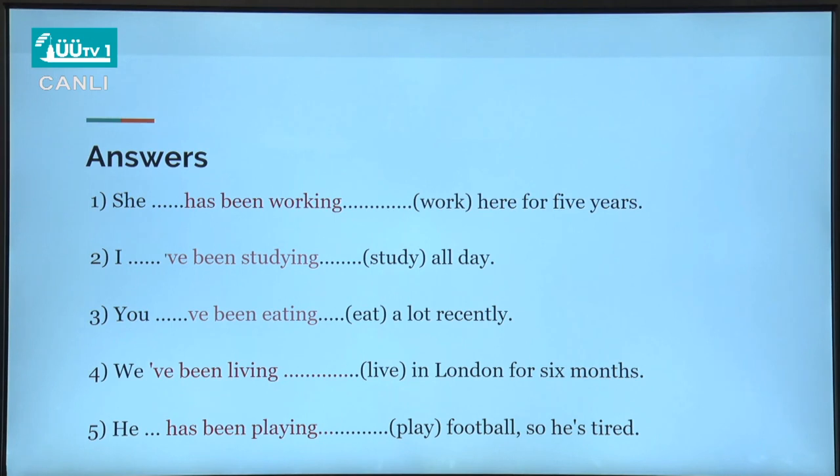For the third question, you have been eating a lot recently, so it includes today. We have been living in London for 6 months, so we are still living in London. And he has been playing football, so he's tired. He's tired now, so he has been playing. That's why he is tired.